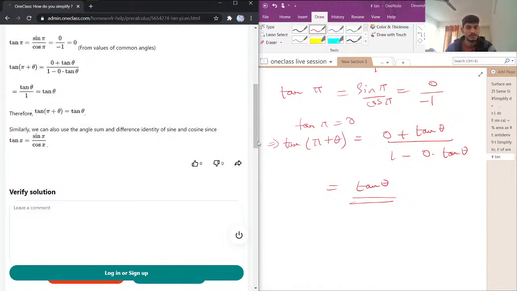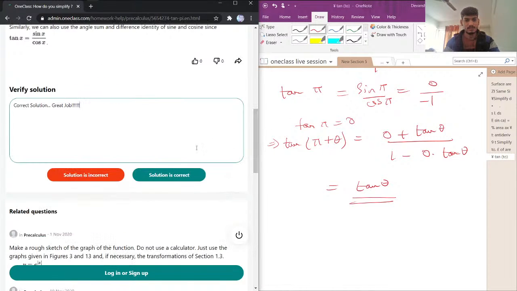You can also use the angle sum and difference identity for this. Correct solution. Great job. Solution is correct.